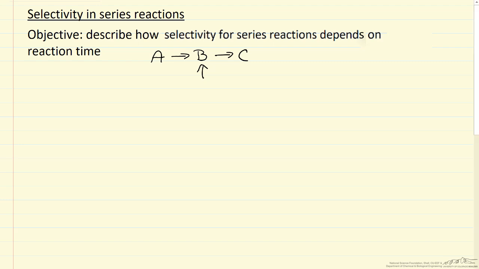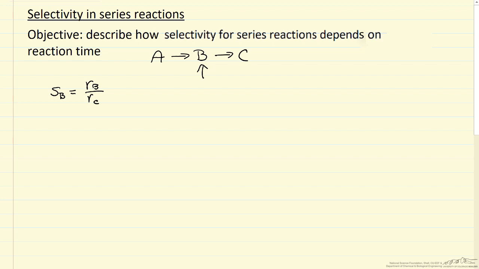Now we've defined selectivity before, and we can look at a couple of selectivities. The instantaneous selectivity is the rate of B formation over the rate of C formation.